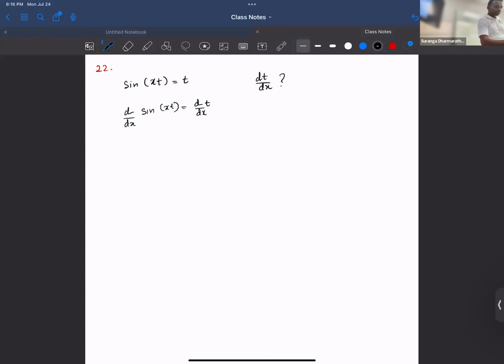You take this as u, and then you do d over du of sine u times d over dx of u, equals d over dx of t.